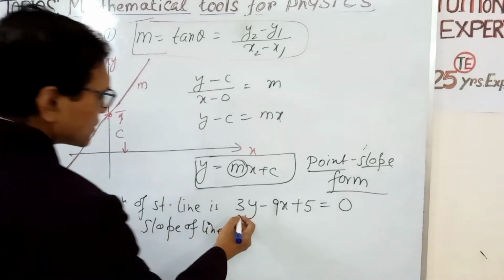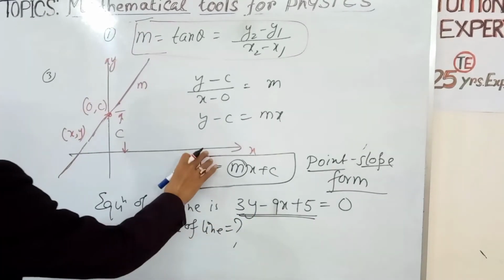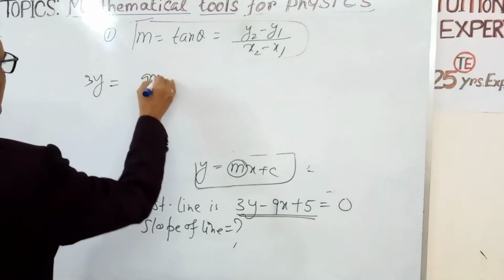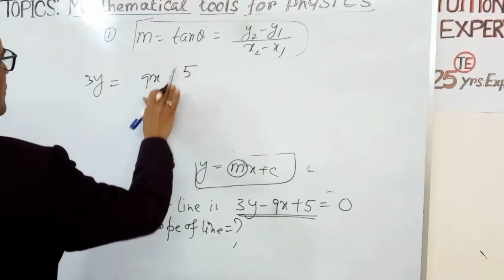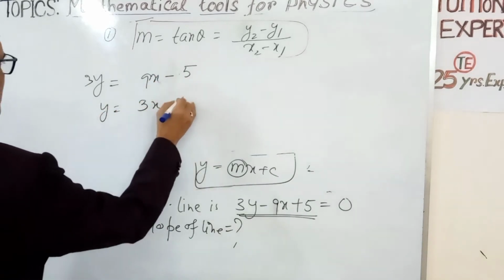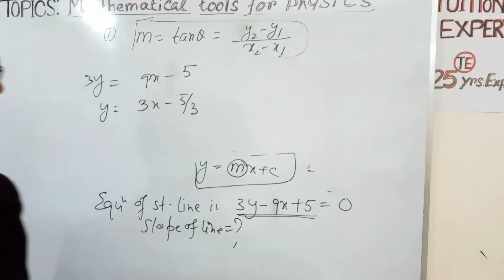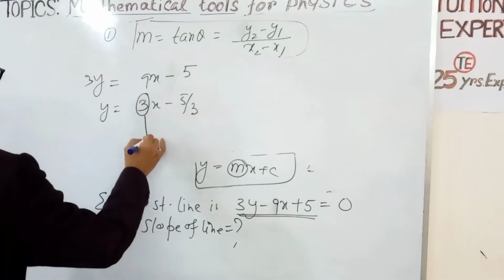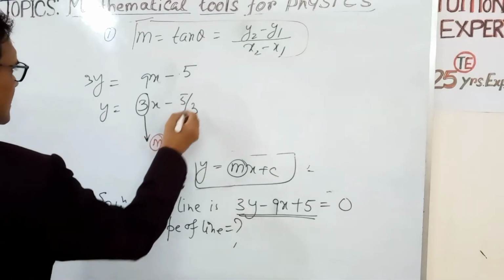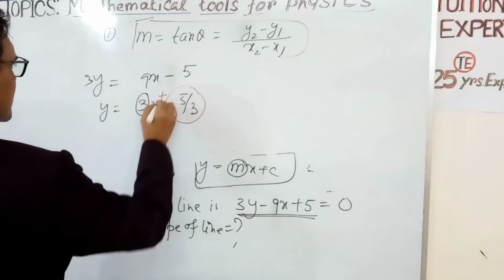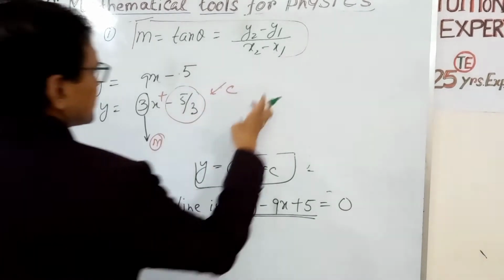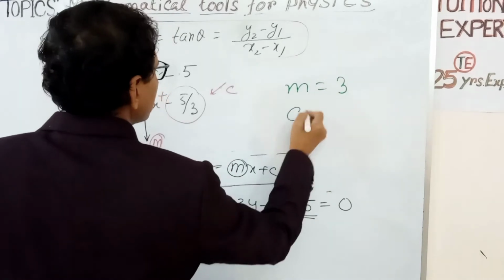So we have to express this equation in this form. Here 3y equal to 9x minus 5, y equal to 3x minus 5 by 3. Now the slope is the coefficient of x. So this is the slope m, and this is the c. So here the slope is 3 and c equal to minus 5 by 3.